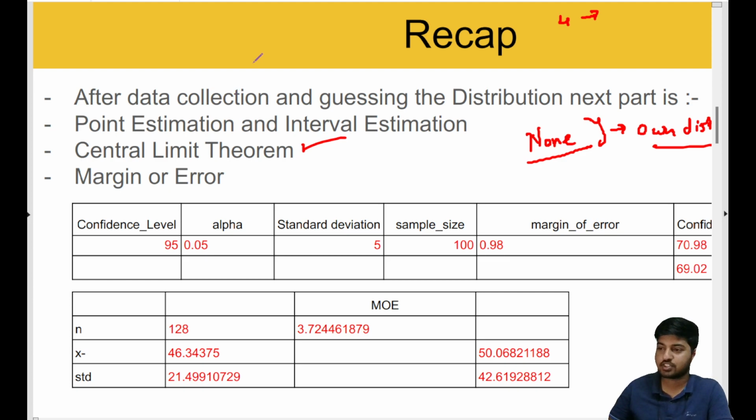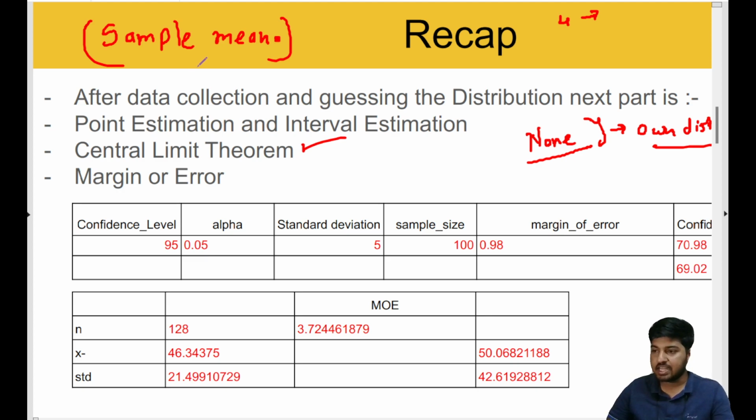The sample mean distribution can be approximated as a normal distribution. Yes, correct. So the minimum we take is 30. Above 30, if your sample size is more than 30, that means from the village you are selecting more than 30 people for an experiment and then doing your study.